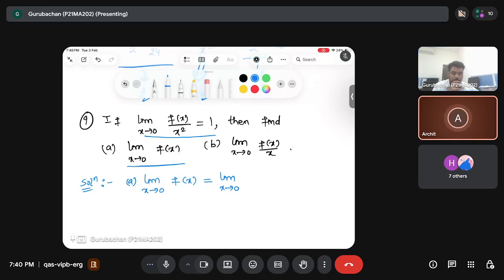Sir, you told it the other way: if f and g exist, then f into g will exist, but that will not imply that if f into g exists, then f and g must individually also exist. I said the same thing, that the product limit exists if both separate limits exist. Now it is correct.